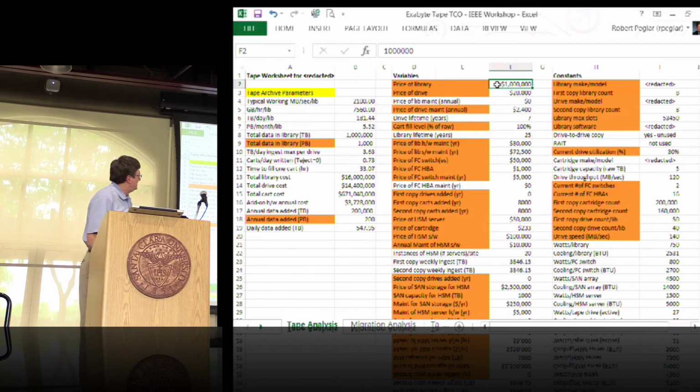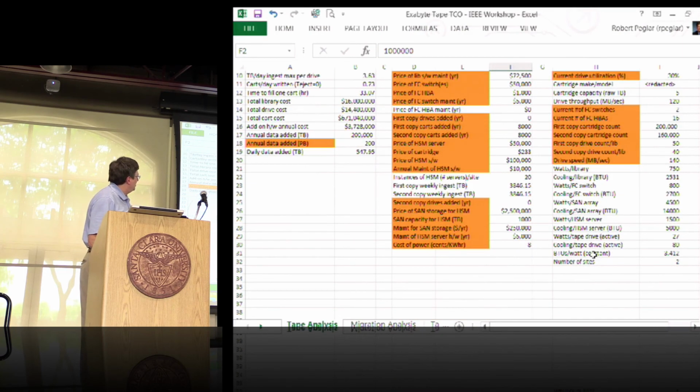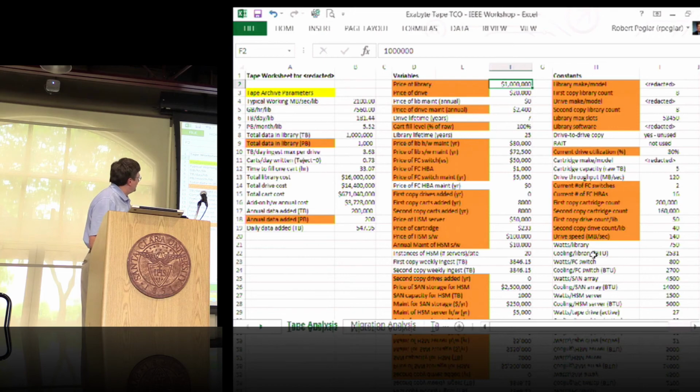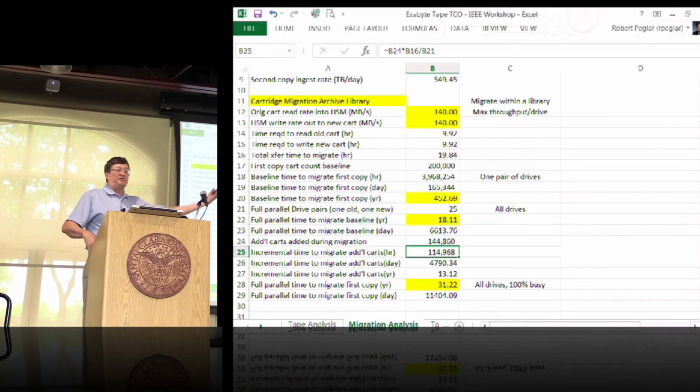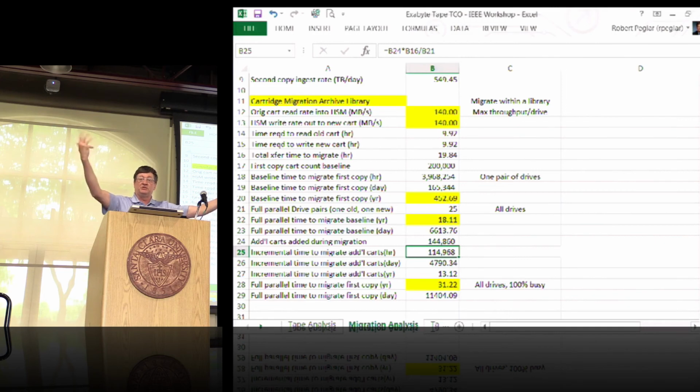Make no mistake. So again, using their own figures on price per cartridge and library and drive and maintenance and all that stuff, the migration is ridiculous. So if they busied up all their drives, you scale that down a little bit. So they have 50 in one library, 40 in the other. So 40-40. The other 10 are doing nothing or ingesting. 40-40.